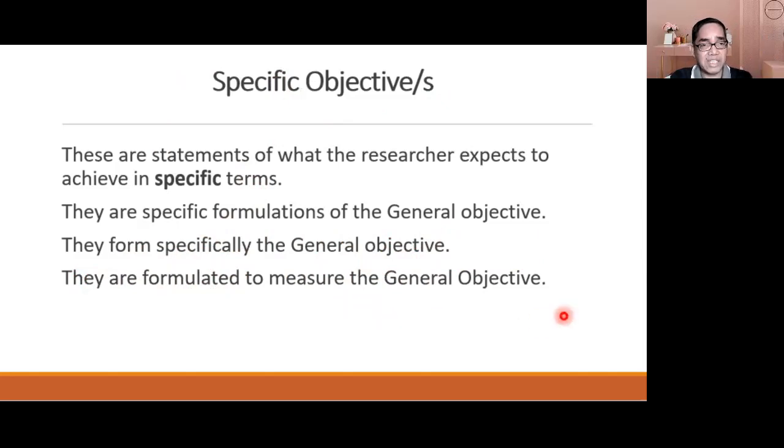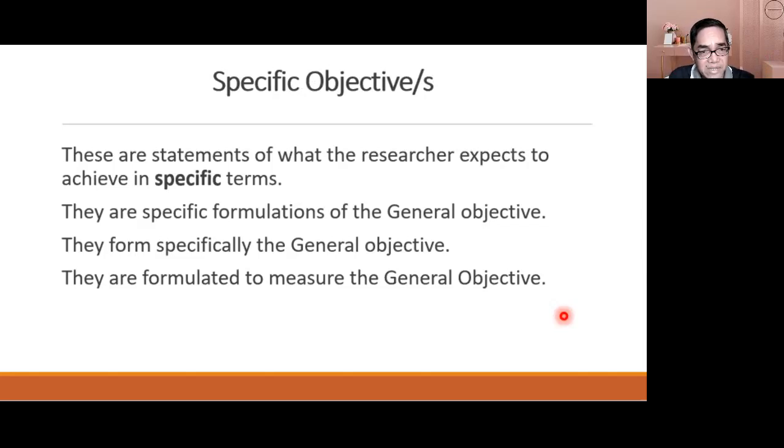So we can begin formulating the specific objectives. And if we do have many specific objectives, then we will summarize the many specific objectives into one general objective, because as I said, the general objective is a summary of the specific objectives.